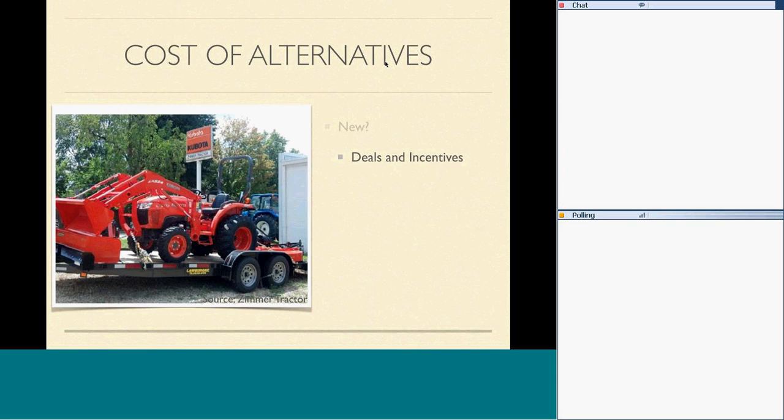This package includes the tractor with a loader and 2 attachments, which is a mower and a box scraper, and a trailer and all the hardware to tie down the tractor onto the trailer. Basically, this is a complete package that they offer to landowners where everything is appropriately sized to each other, and the purchaser shows up and drives away with pretty much a mini farm in a box.